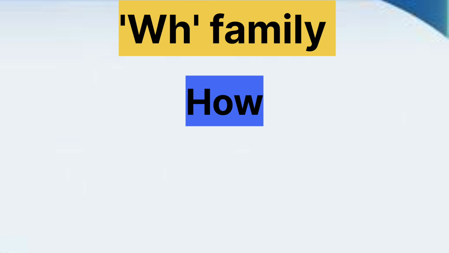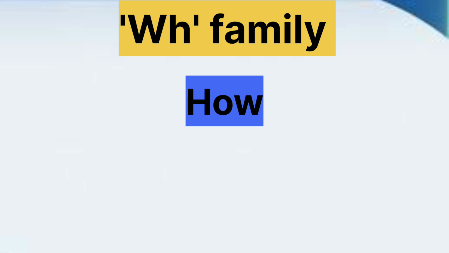We use how many with countable nouns like book, children, toys, ideas, clothes, etc. And how much is used with uncountable nouns like water, oil, juice, sand, etc. How long is used to know about duration or time period, and how far is used to know distance, that is physical distance. How old is used to know about age. So this is all about WH words and their usage.